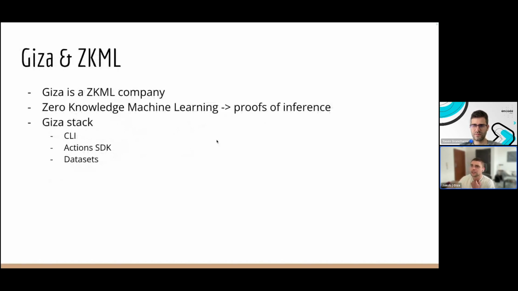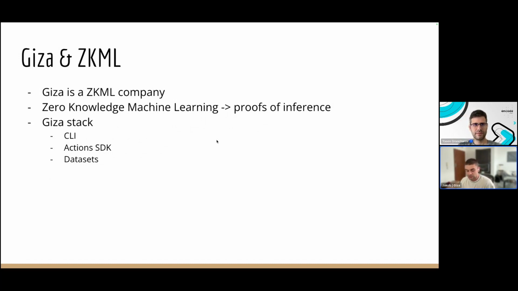Okay, so as I said, I will not spend too much time on us because you probably have a pretty good understanding of our work already. But the main gist of it is that Giza is a ZKML company. ZKML stands for Zero Knowledge Machine Learning. What we're trying to do here is create cryptographic proofs of inference of machine learning models.